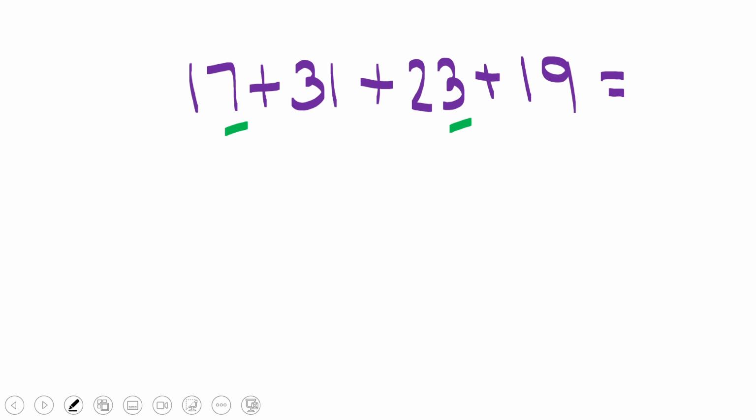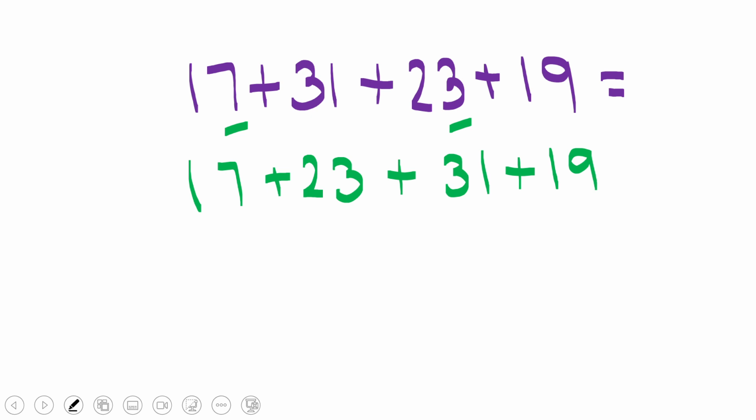So if we group 17 plus 23, and then we think about 31 plus 19 as well, and group 1 plus 9 is some kind of 10, we can mental math these easier than trying to just add straight across because of the associative property of addition.